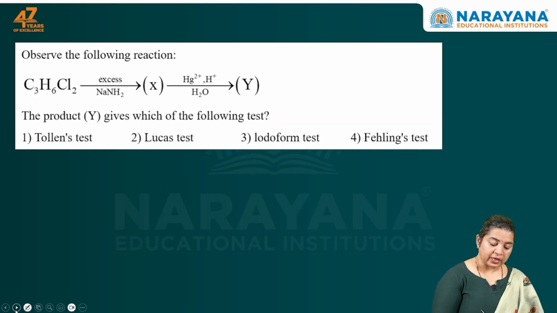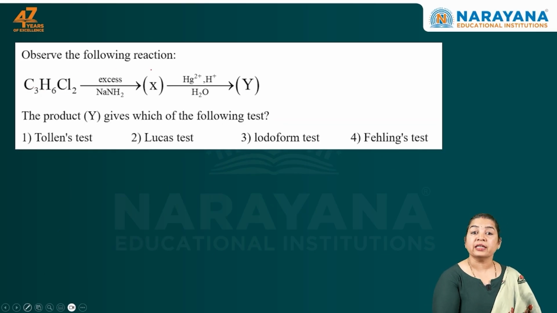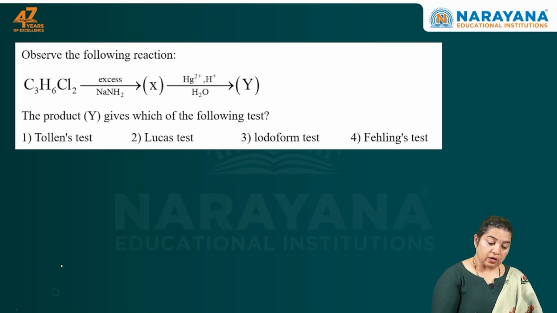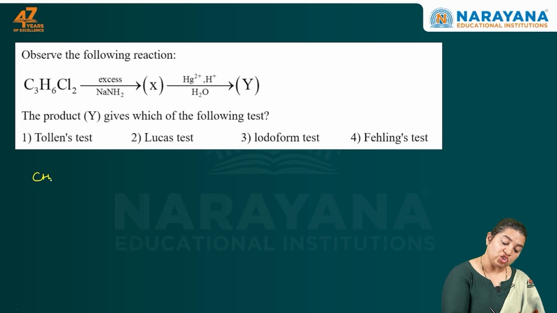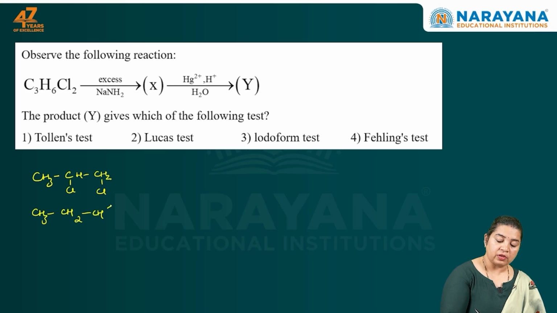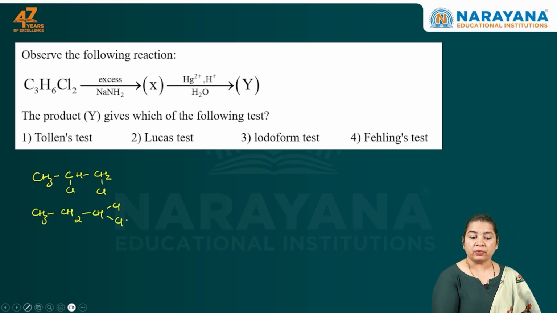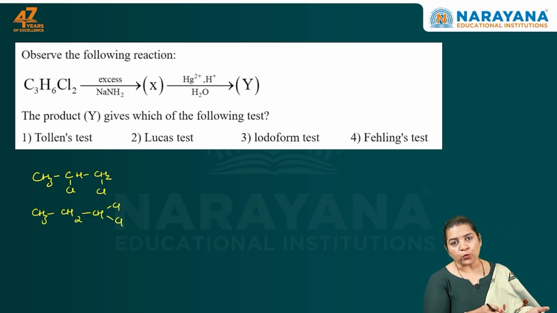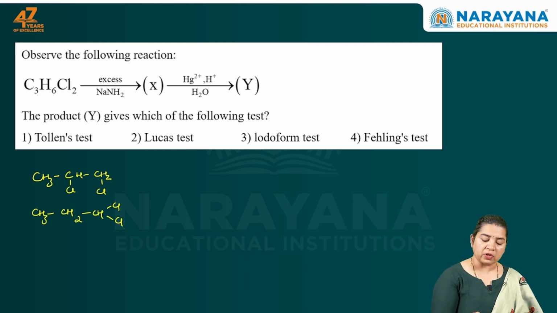So, this is our next question. Observe the following reaction. C3H6Cl2. Now, we don't know whether it is a gem or a vic dihalide. I'll take both cases. You can have a gem 2,2-dichloro also, that is a possibility.